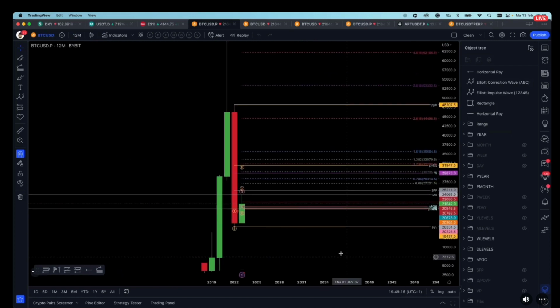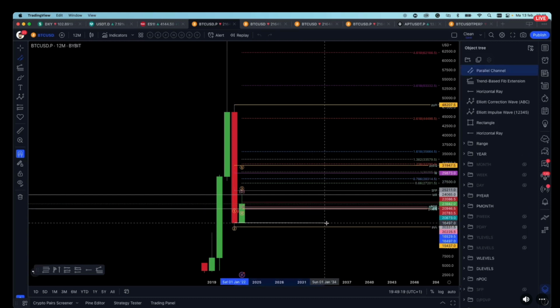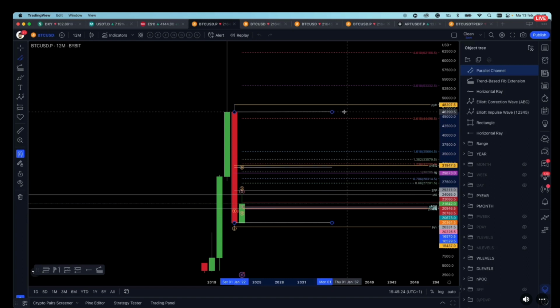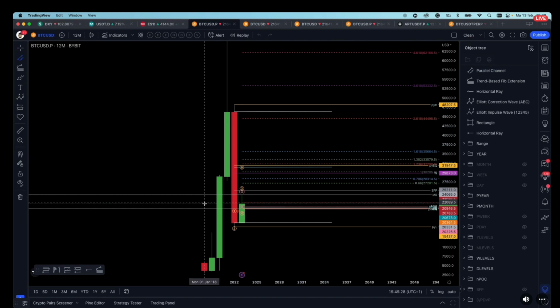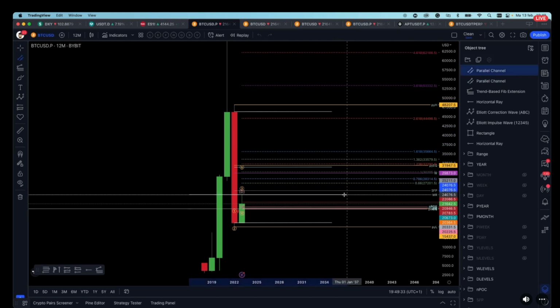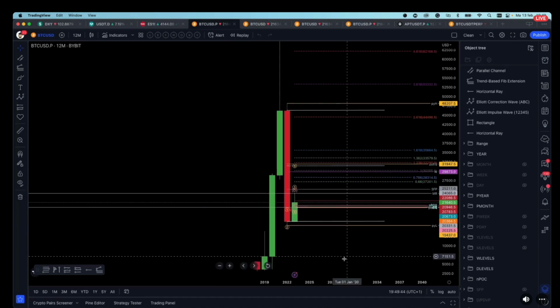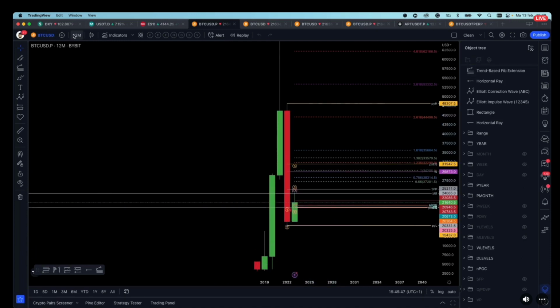Let's just see. Right there. So your next mid-range is between the .66 and the .786. That is your next target if you look at the ranges.